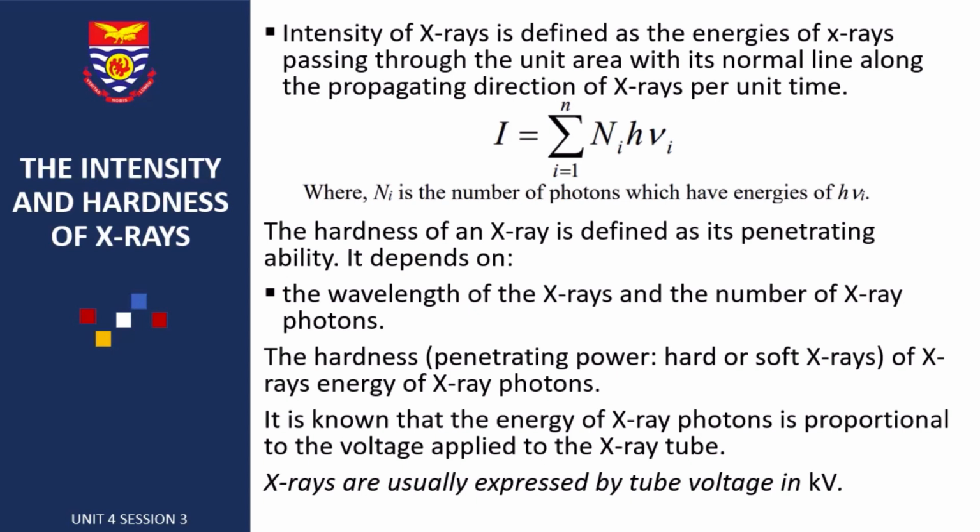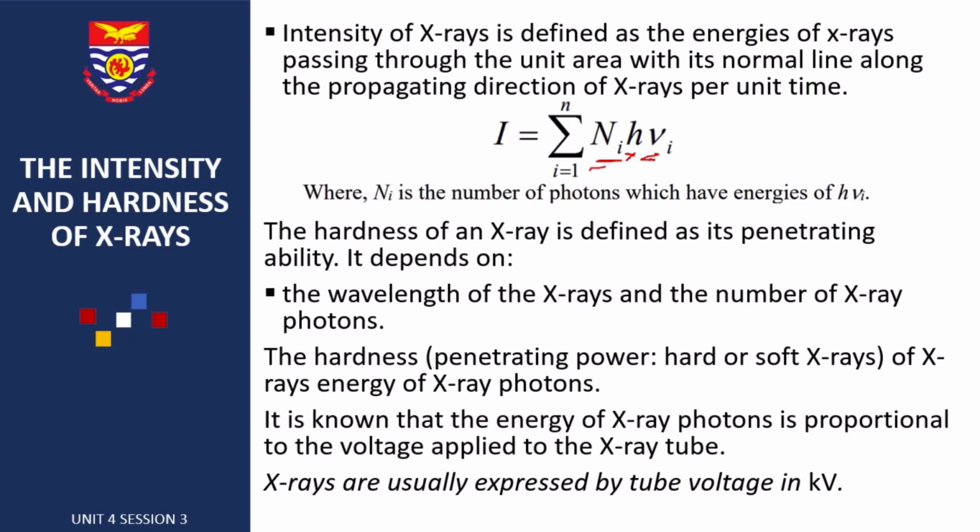Mathematically, the intensity of X-rays is defined as the summation of the number of photons times the Planck's constant times the frequency. So depending on the number of photons that you have, we do a summation of it and we multiply by the Planck's constant and the frequency.